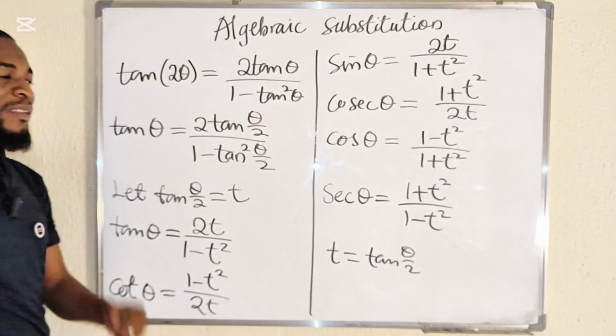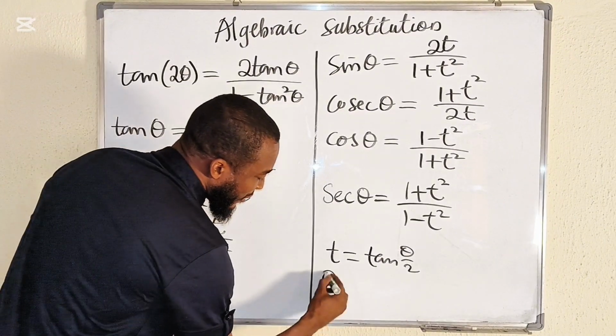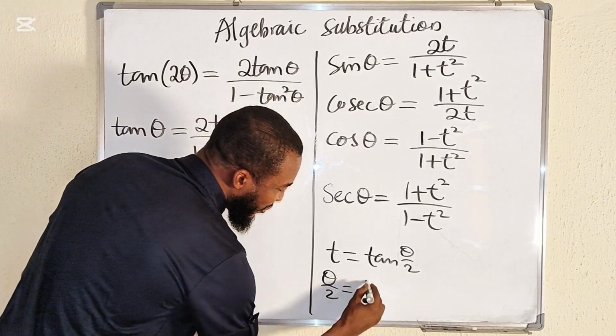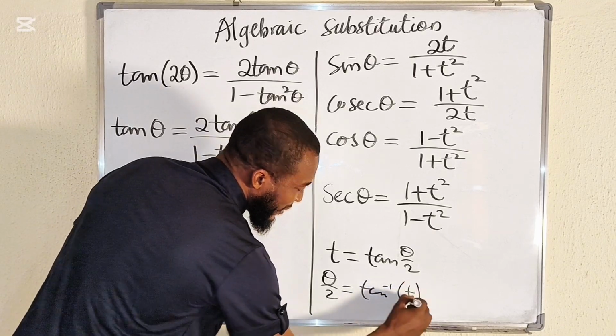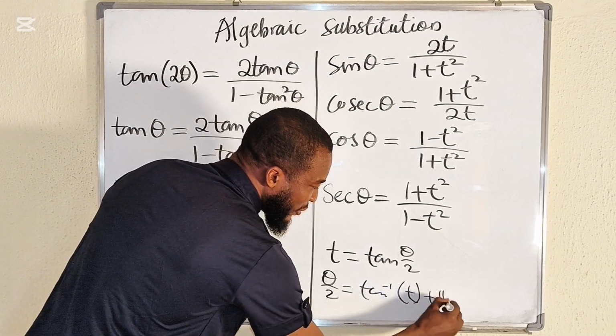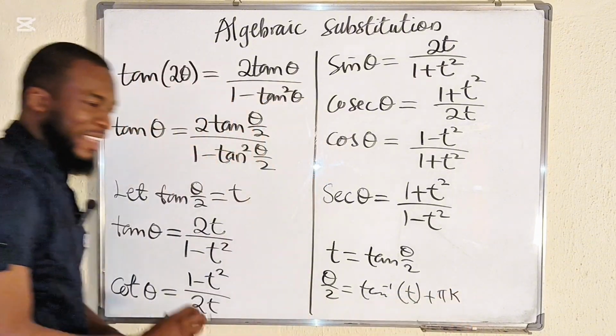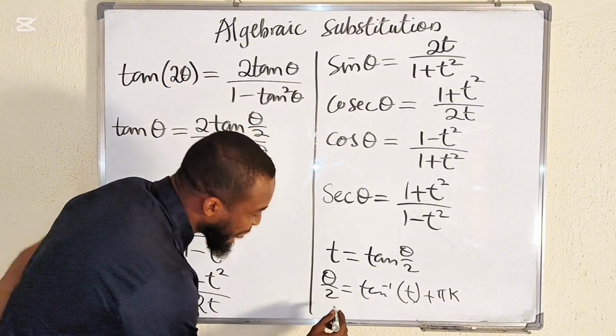Then you take tan inverse of both sides to have your theta over 2 equal to tan inverse of that value you got for t. Then you add your multiples of pi. Right, in the end you multiply by 2.